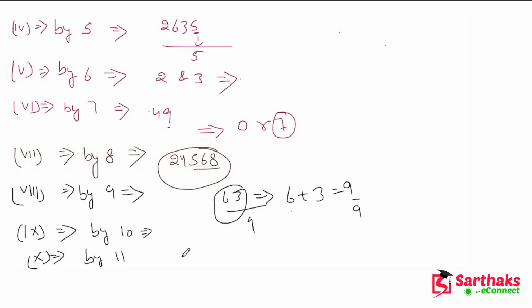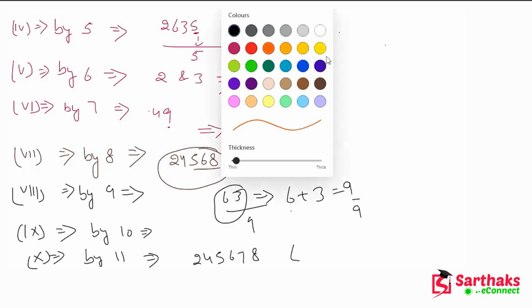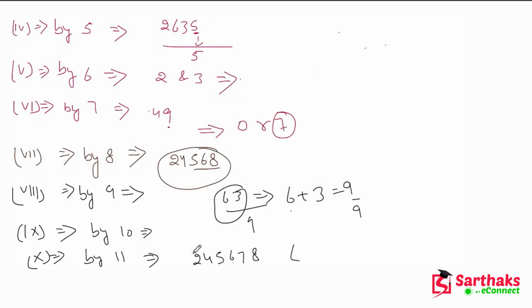If we have a number 2 4 5 6 7 8, we take the difference of the sum of the odd places and even places: 2 plus 5 plus 7, and 4 plus 6 plus 8.